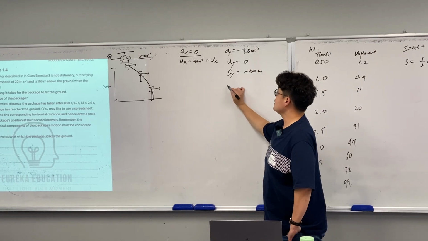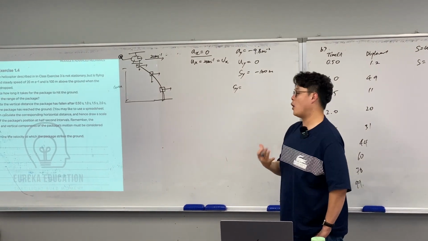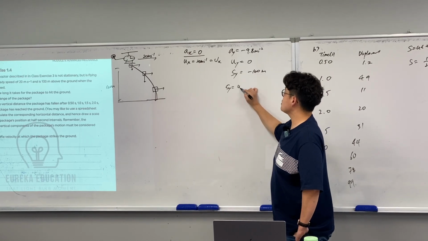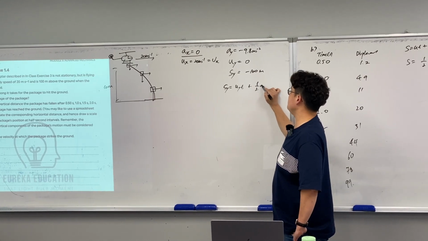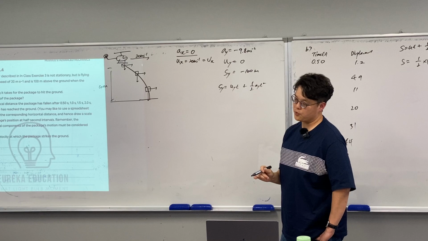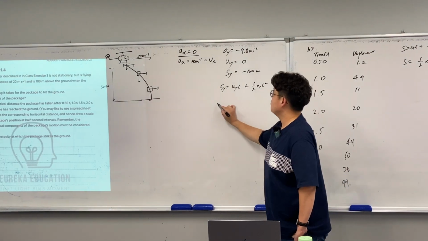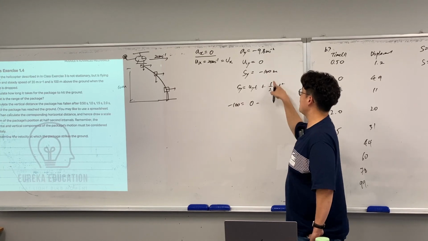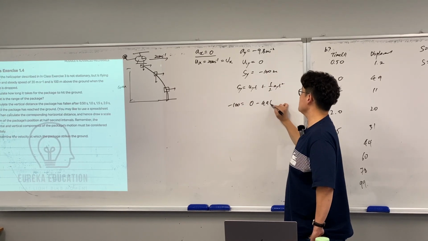I put the y on the s just to differentiate vertical from horizontal. s_y equals u_y t plus half a_y t squared. Minus 100 equals u_y, which is 0, minus half of 9.8 t squared.